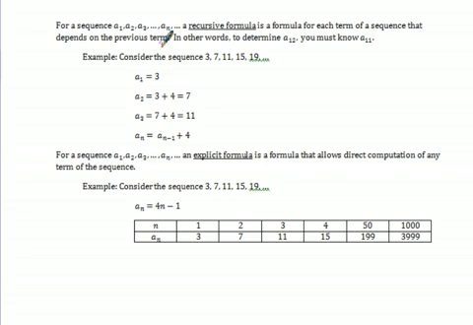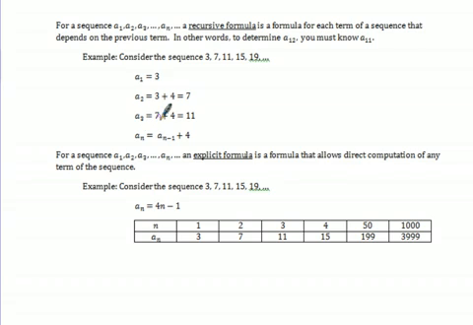In other words, what that means is that if you want to determine what A sub 12 is, what the 12th term of the sequence is, you have to know A sub 11, or the 11th term of the sequence. So here's that same sequence that I listed on the previous page. You can see that A sub 1 is equal to 3. A sub 2 is equal to the previous term 3 plus 4, which gives us the 7.